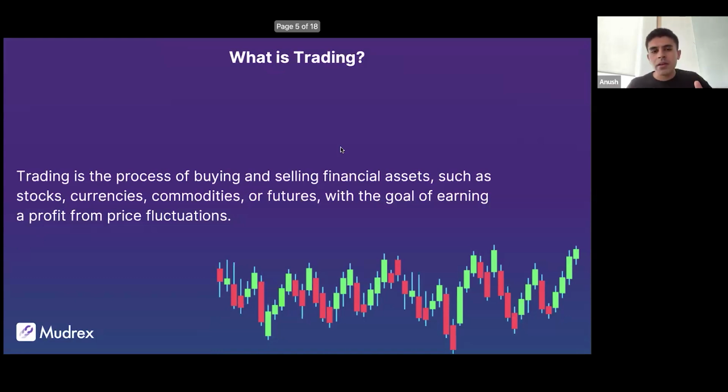While we're here to talk about crypto trading specifically, I want to zoom out for a second and point out that trading has been around for a very, very long time. I'm not just talking about Wall Street in the 1990s or 1980s. Trading as a concept actually goes way back. In fact, some of the earliest forms of trading can be traced back thousands of years. As societies have evolved, we got more structured financial systems.